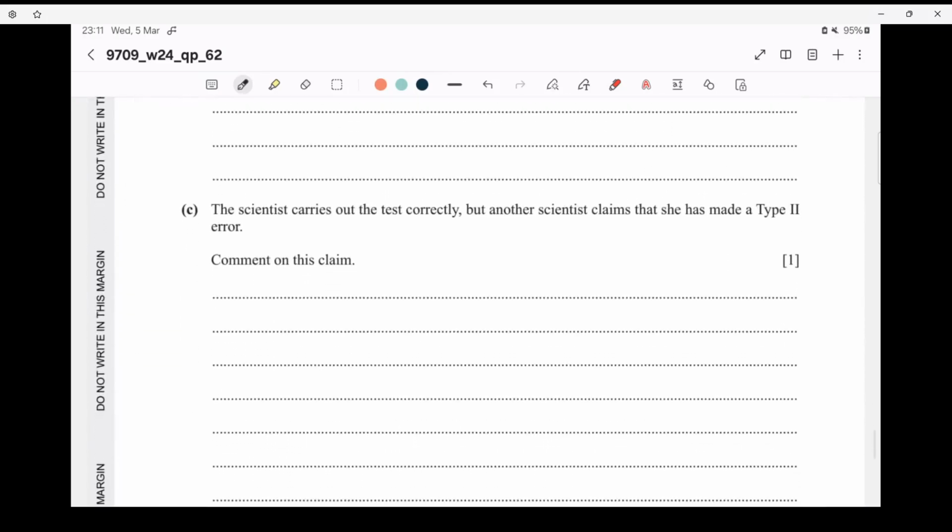Okay, part C. Scientists carry out the test correctly, but another one claims that she made a type 2 error. So what is the definition of a type 2 error? It is that you have a false null hypothesis, but it is being accepted. So this is a type 2 error.